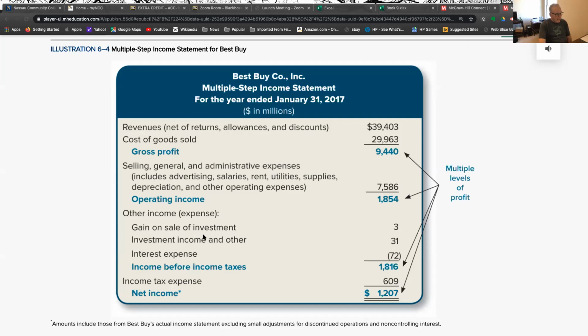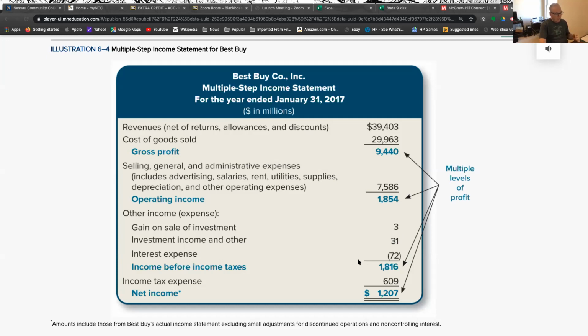So they had a gain on that investment of $3 million. And then they had other types of income, investment income. Maybe they had some interest on bank accounts, or maybe they got some dividends on other stocks that they own, right? So they had investment income of 31. And then they had interest expense of 72.